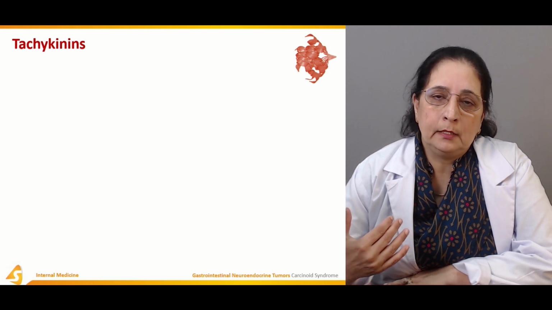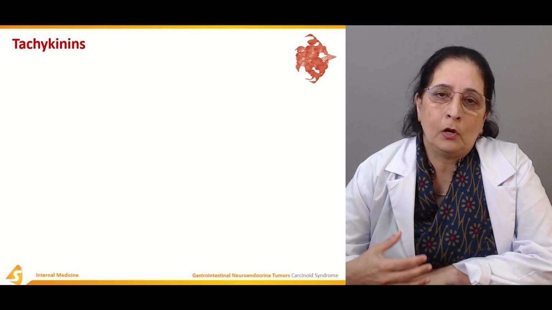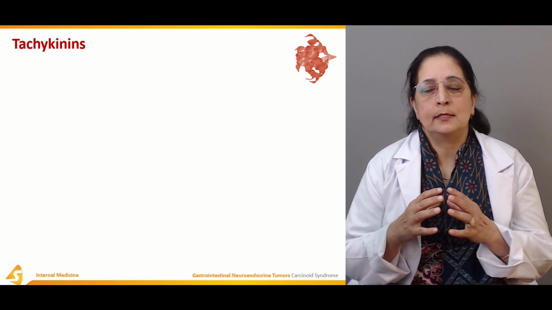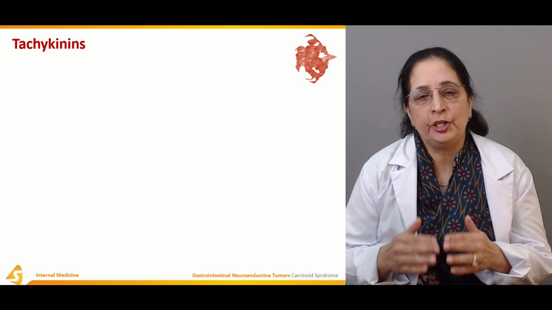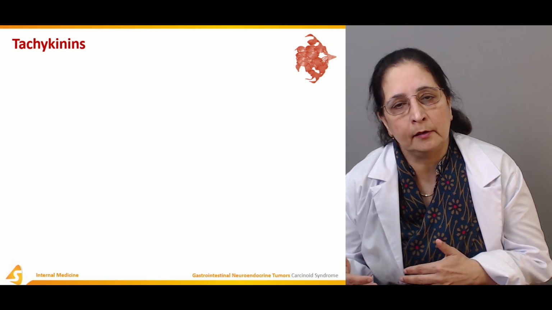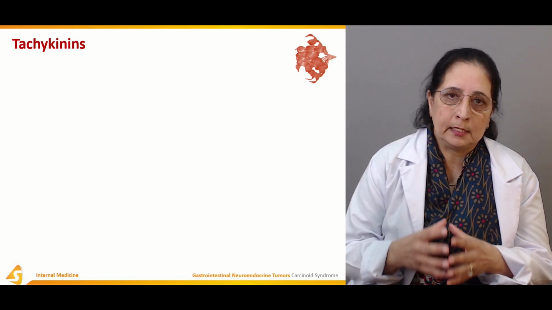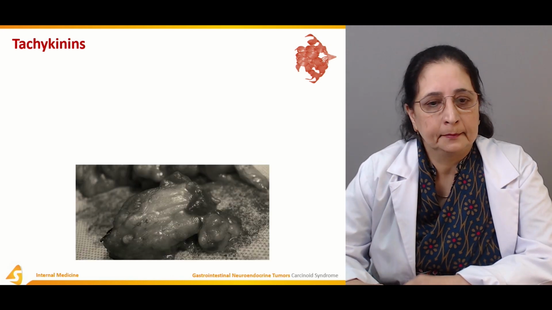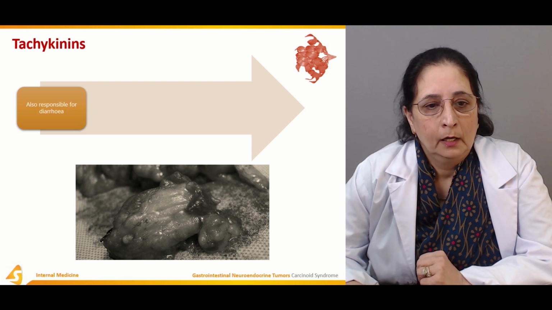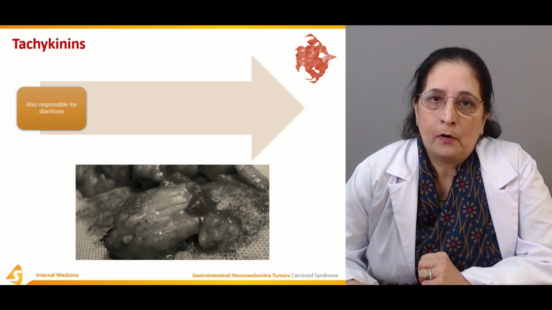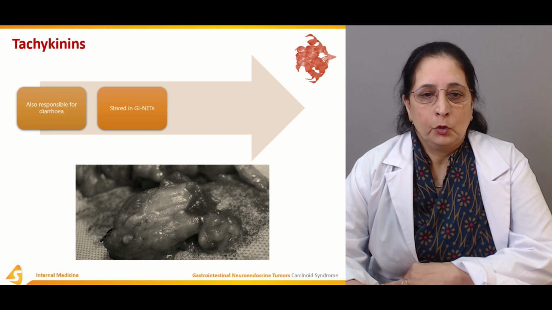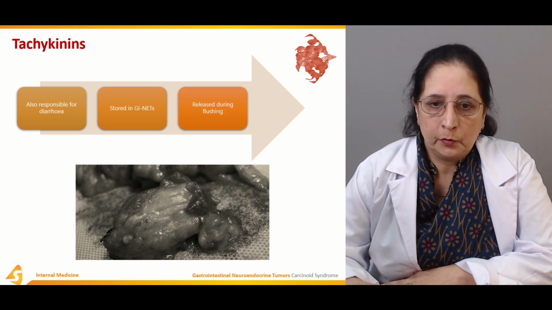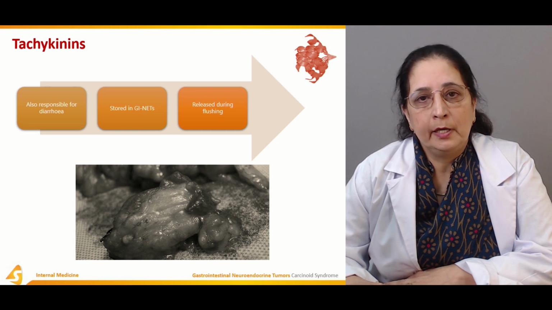Tachykinins: these are all the pathobiological changes we are discussing that occur as a result of the secretions once they reach the circulation. So we discussed serotonin, next is tachykinins. They are also responsible for diarrhea, stored in gastrointestinal neuroendocrine tumors, and released during flushing.